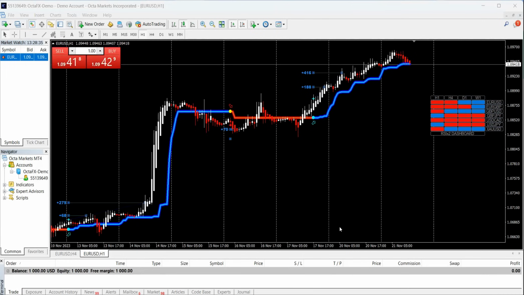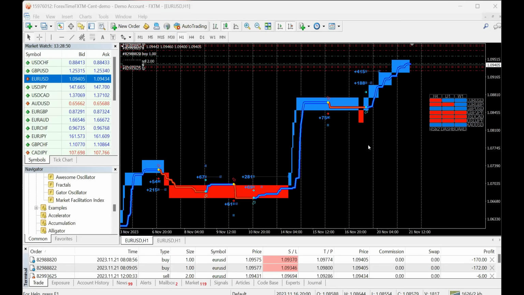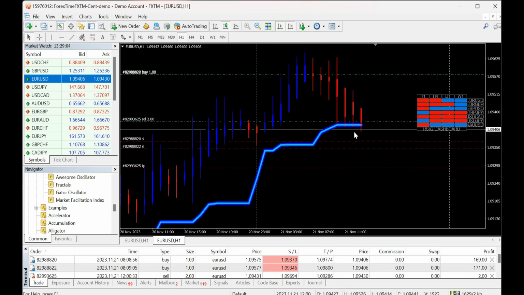Okay, you have to stop sharing your screen. Here it is. So I've added the Renko, and this is the other one. Can you zoom it out?